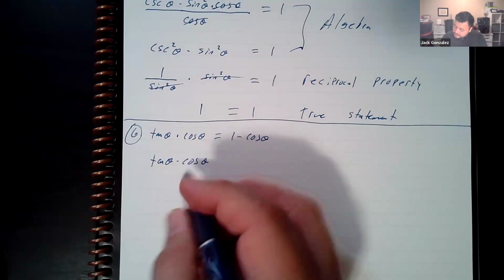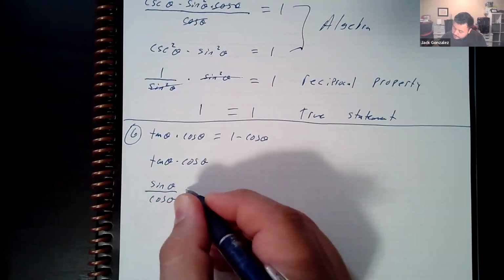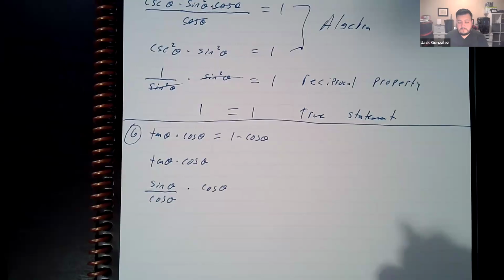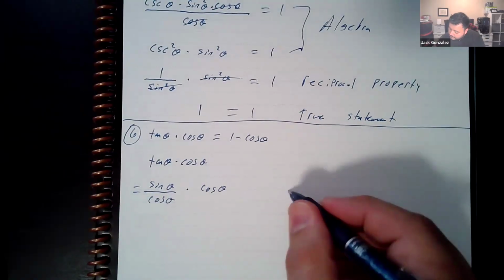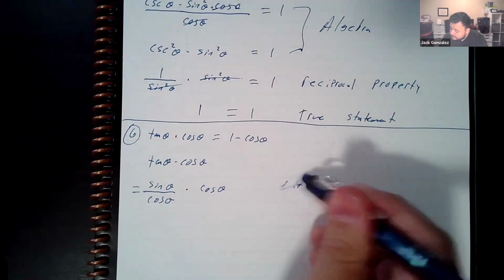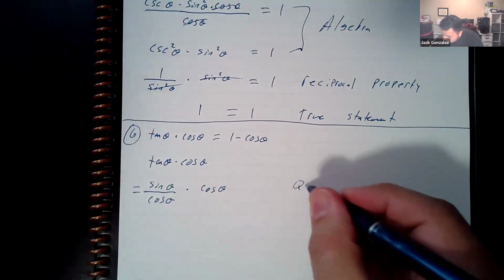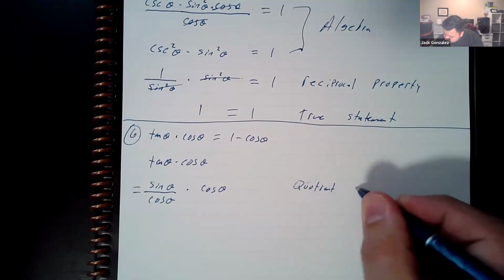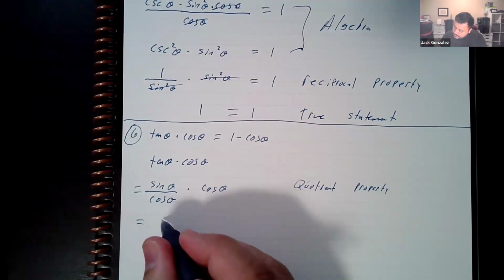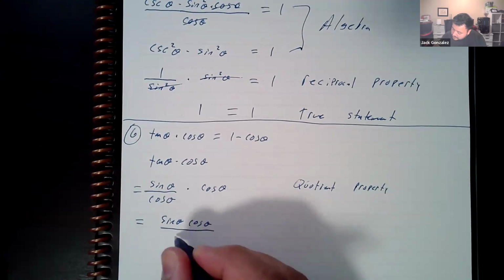Then I'm going to change this using the ratio. Now we can see, right? This is the ratio, or quotient, I think was what we called it earlier. Quotient property. Sine times cosine over cosine is just going to cause it to cancel.